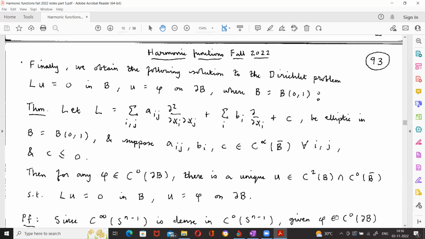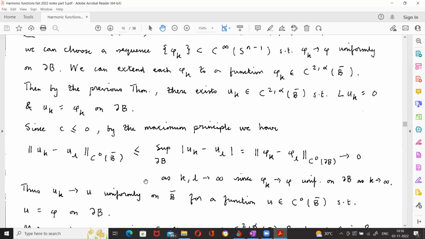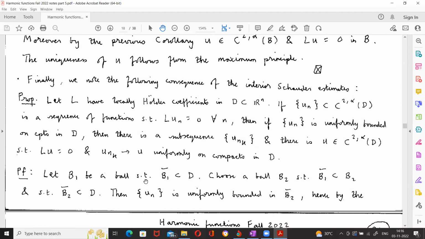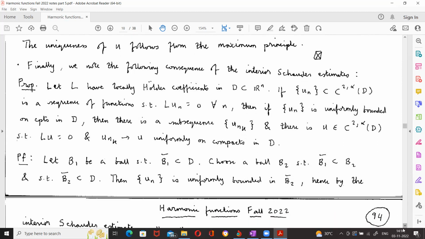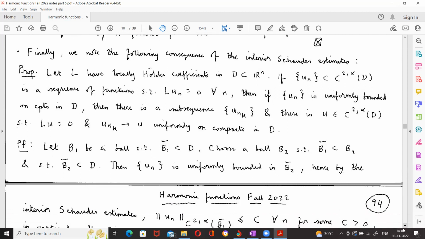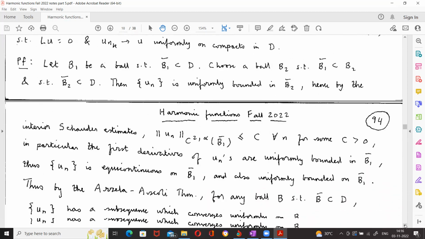So here's the proof. Let B1 be a ball such that B1 closure is contained in D. Now you choose a ball B2 such that B1 closure is contained in B2 and such that B2 closure is contained in D, right? Then by hypothesis, since B2 closure is compact, the u_n are uniformly bounded in B2 closure. So by the interior Schauder estimates, the C^{2,α} norms of the u_n on B1 closure are uniformly bounded by some constant C. So in particular, the first derivatives of the u_n are uniformly bounded in B1 closure.